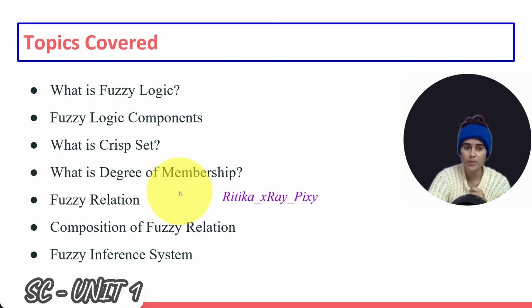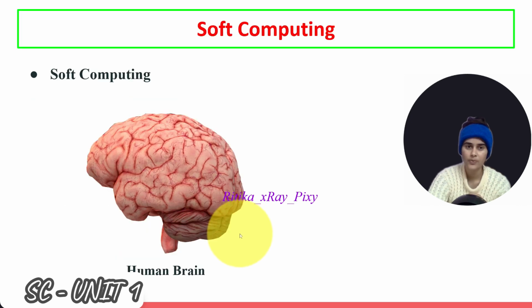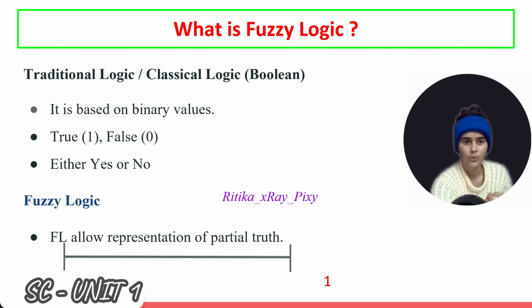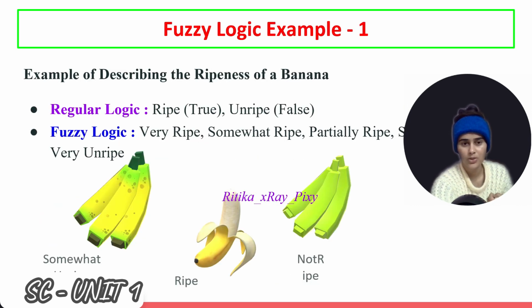What is degree of membership? What is fuzzy relation? Composition of fuzzy relation. Then we have fuzzy inference system and defuzzification. So in this video, we will try to understand what is soft computing using example, what is fuzzy logic, traditional logic, how fuzzy logic is different from the traditional logic.